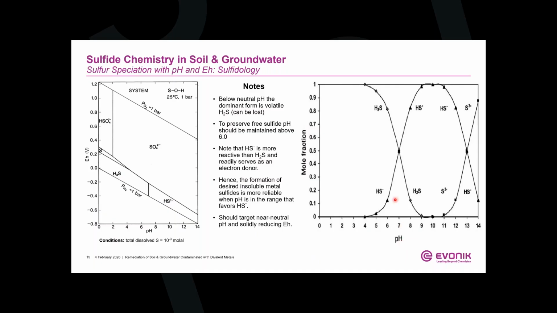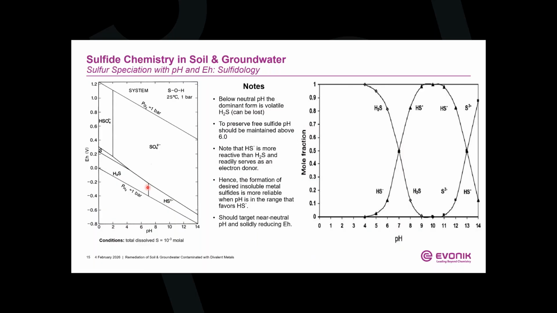But if you look at the diagram on the right, the impact of pH on speciation of sulfide in water, what you'll see is that that line at pH of 7 in the phase diagram tells you that there you actually have equimolar concentrations of H2S and HS minus. So you have a range around that where you will have both.